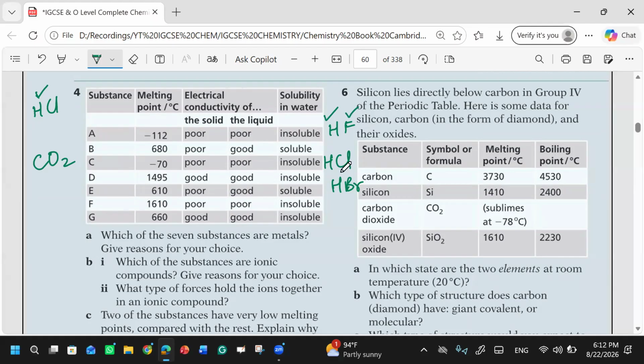If this is a covalent bonding, you have to check, is there hydrogen? If hydrogen is there, then you will name hydrogen first. Remember this thing. Hydrogen will be given the first name.